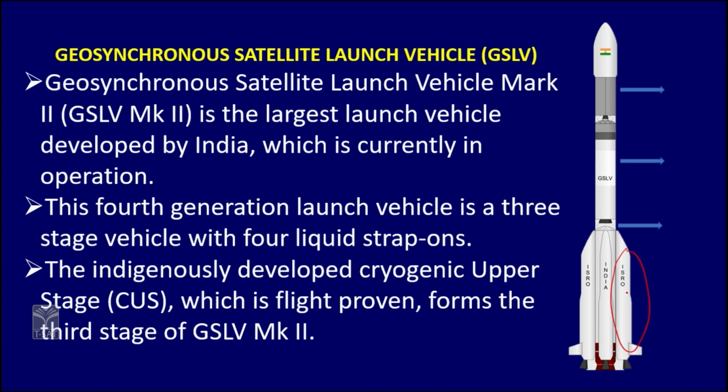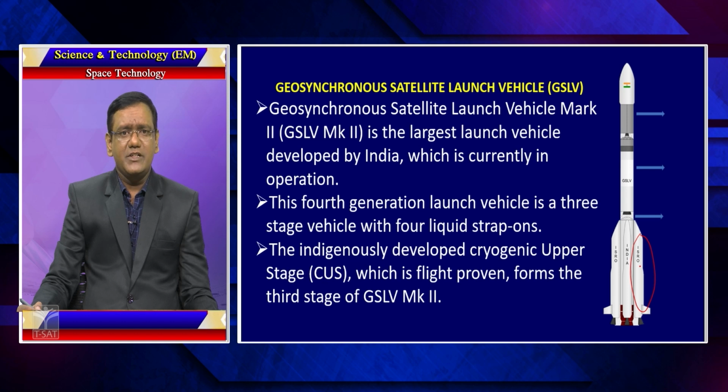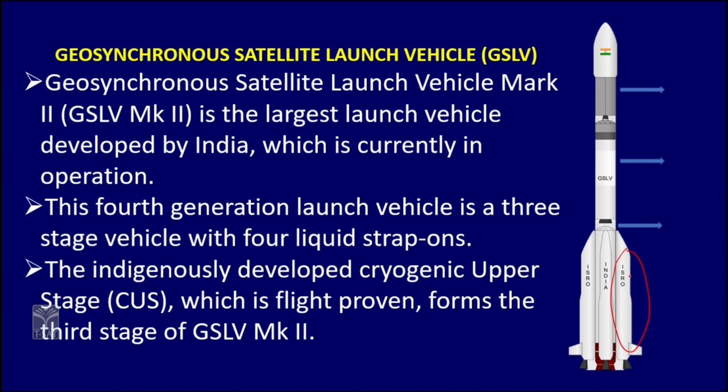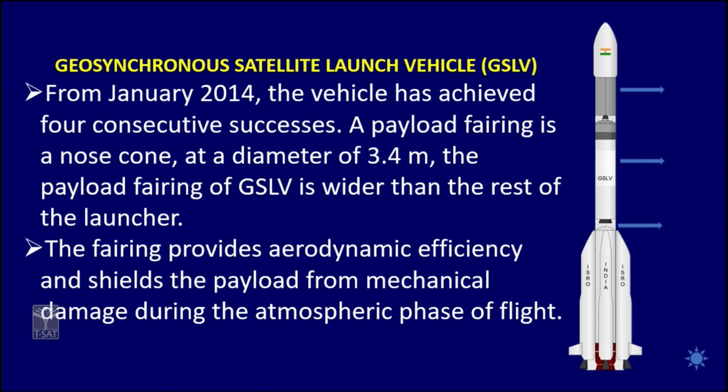The indigenously developed cryogenic upper stage, which is flight proven, forms the 3rd stage of GSLV Mark III. That means it is somewhere here. So this is stage 1, this is stage 2, this is the 3rd stage. These are the things that we have in this satellite, that is the geosynchronous satellite.